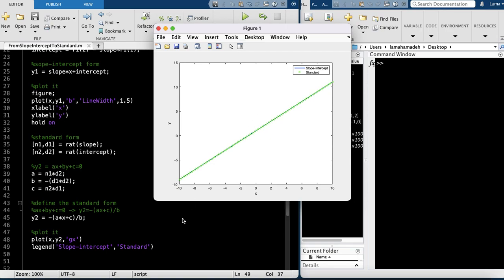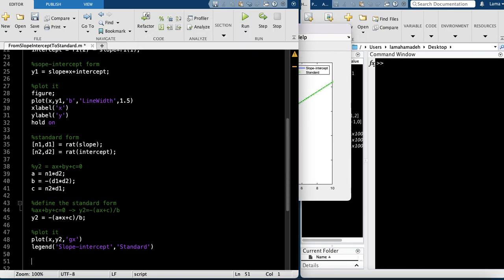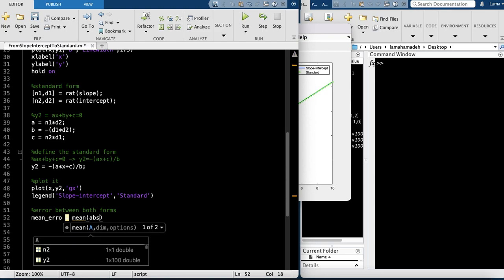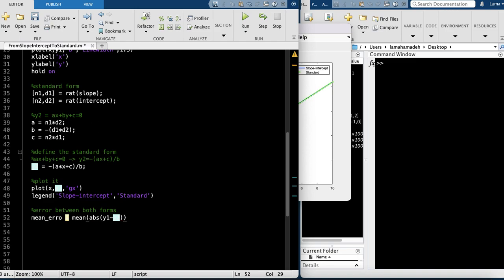So here we go. One last step, I want to calculate the error between both forms. It's just to confirm that these two forms are actually equivalent or the same. We can calculate the mean error. So the mean error here is the mean of the absolute value of y1 minus y2.